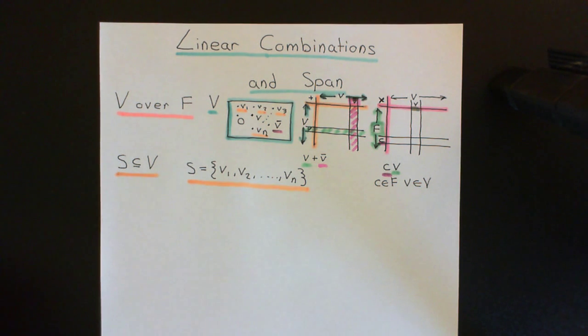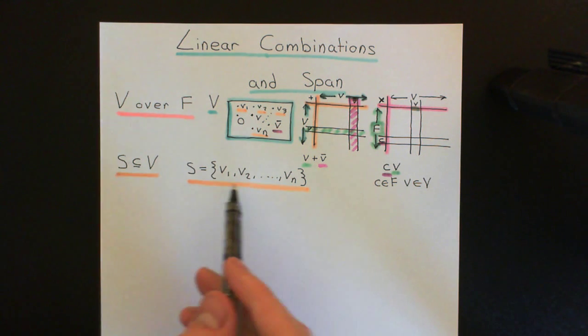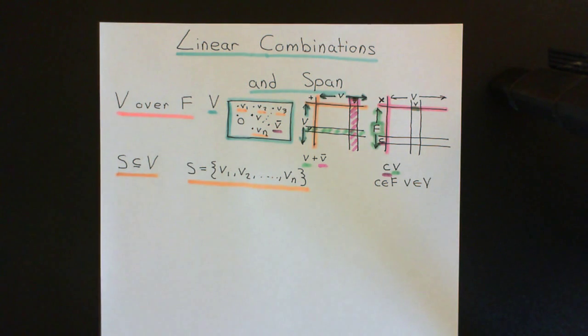Okay, so now we are ready to define what is meant by a linear combination of the vectors in this set capital S. So a linear combination is going to be a new vector in the vector space capital V, but it's going to be a vector that is related to these n here.